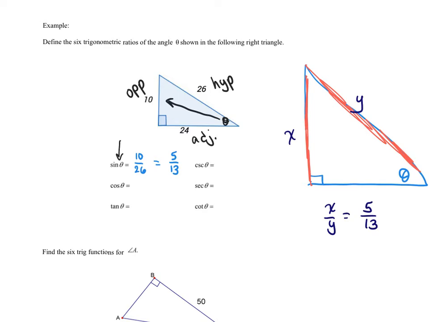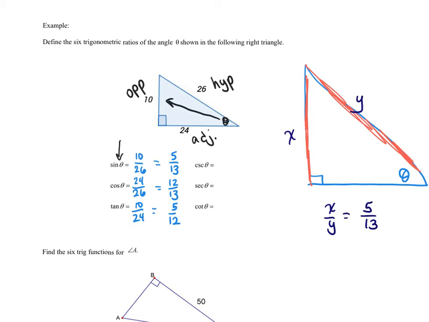Cosine is adjacent over hypotenuse, so now we're just using SOHCAHTOA, so that's 24 over 26, which reduces to 12 over 13. And tangent is going to be opposite over adjacent, which is 10 over 24, which is 5 over 12. Now for the last three, I've made it really easy because I put them across from their reciprocal relationship.